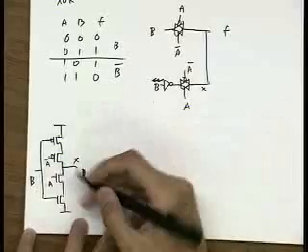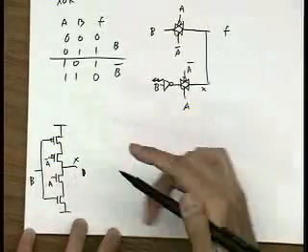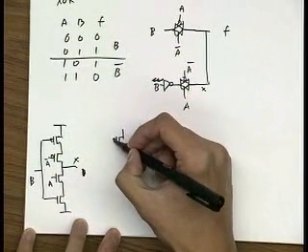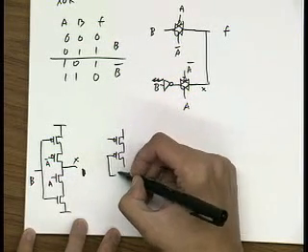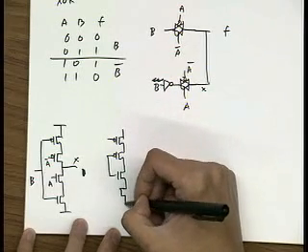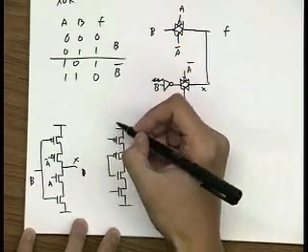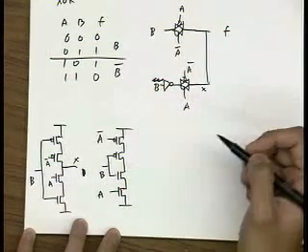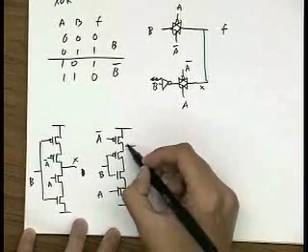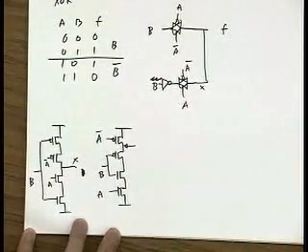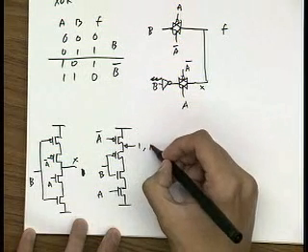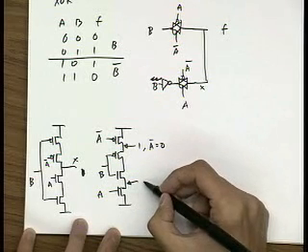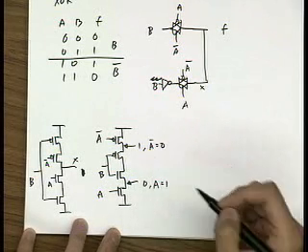And if I do this, transistors in series, I can always swap them. I can put the inverter inside. This is my B. This is my A bar, A. And notice that this node is 1 when A bar is equal to 0, and this node is 0 when A equals 1.